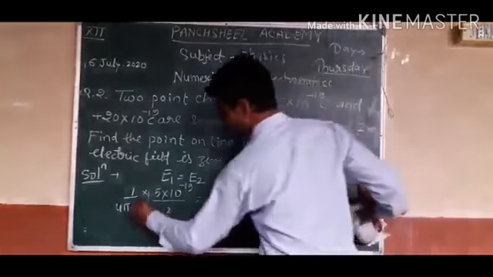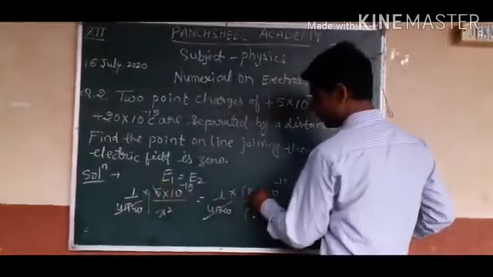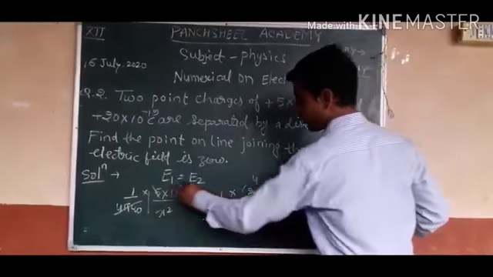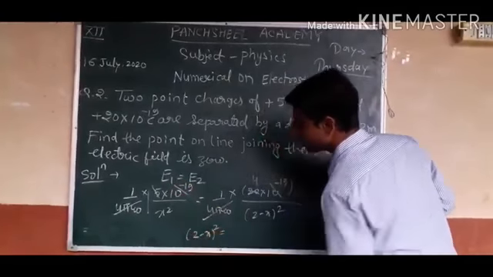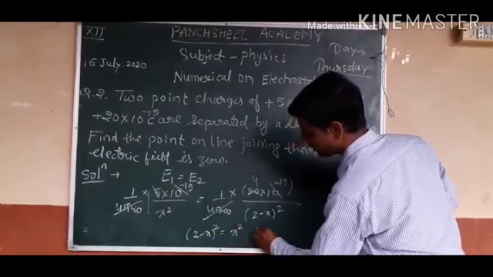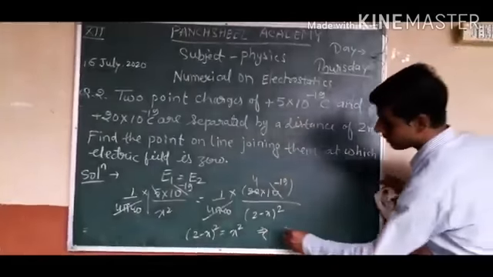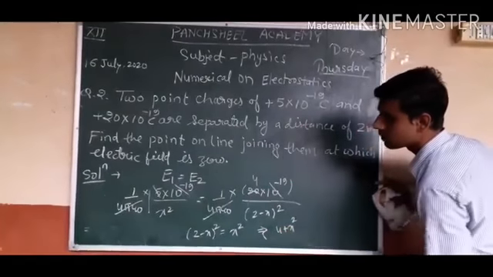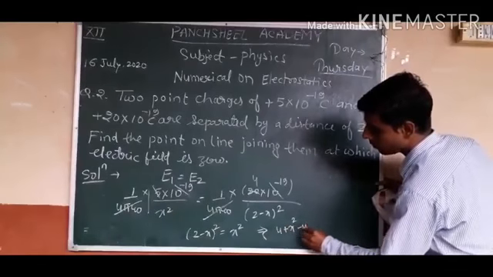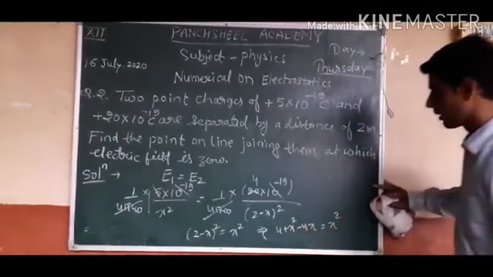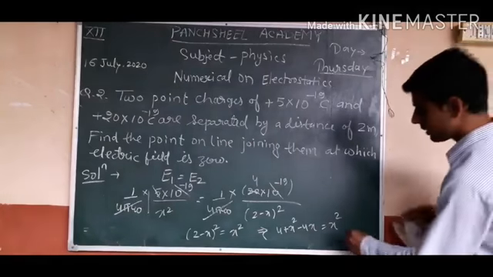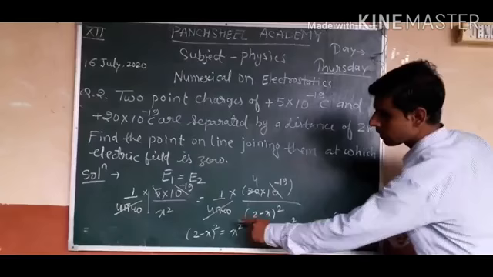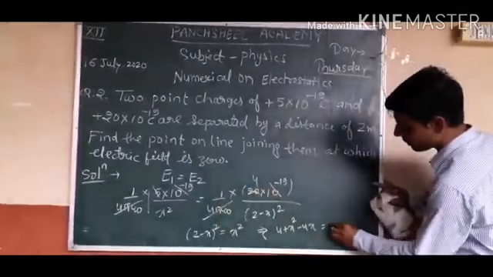So this cancels out and 5 to 4 and all these things are cancelled. So (2 minus x) whole square equal to 4 x square. Sorry, one thing, because here is 4, so this is 4x square. So 4 plus x square minus 4x equal to 4x square.